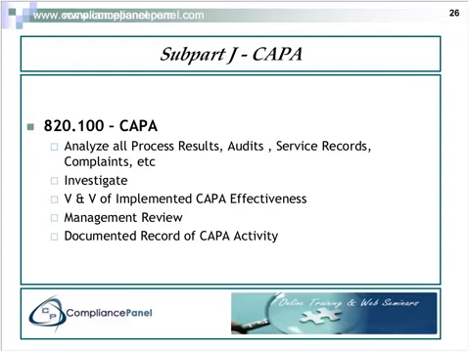And then there has to be verification and validation of the implemented CAPA effectiveness. If you're going to change a process, or implement a change to the device related to an audit finding, or because a corrective and preventive action is necessary, you need to validate that when you implemented that CAPA, it actually did what it was supposed to do.